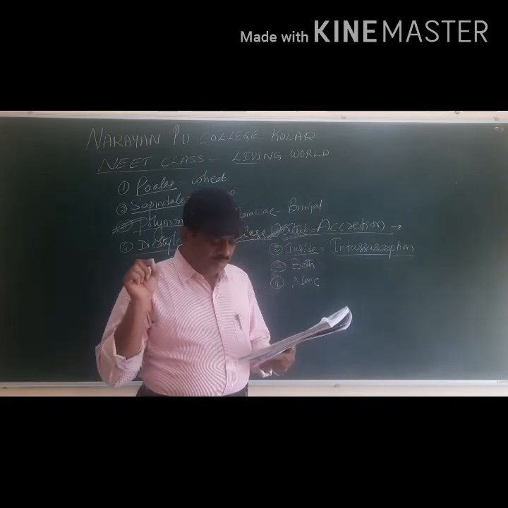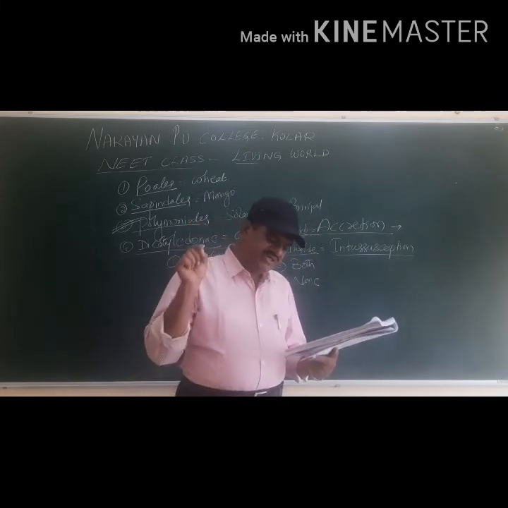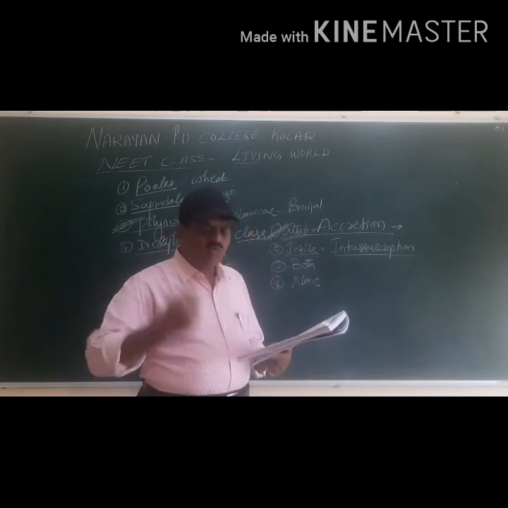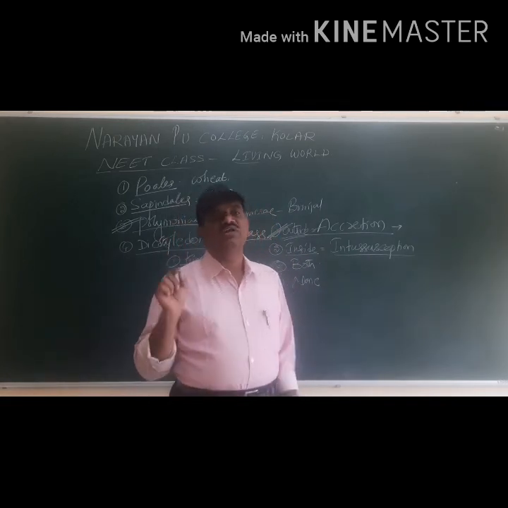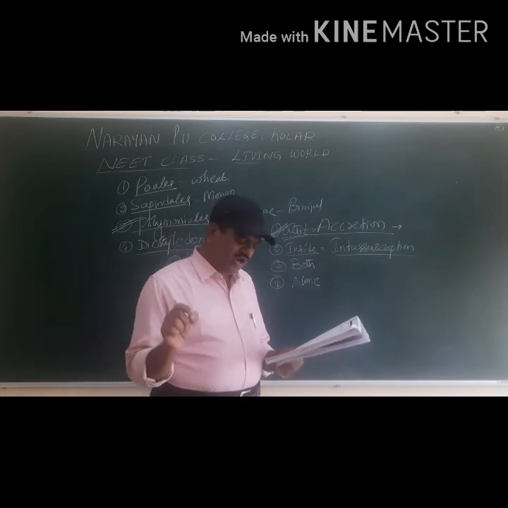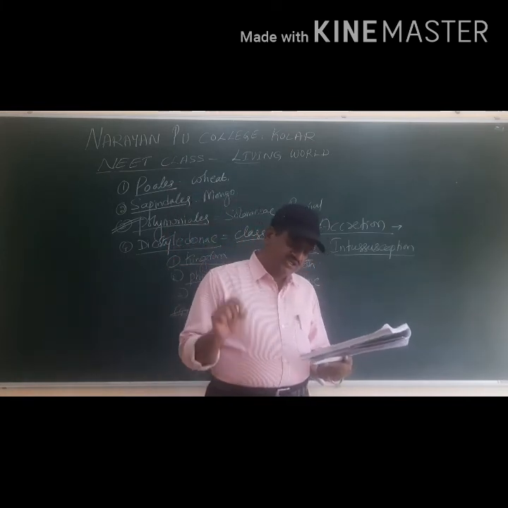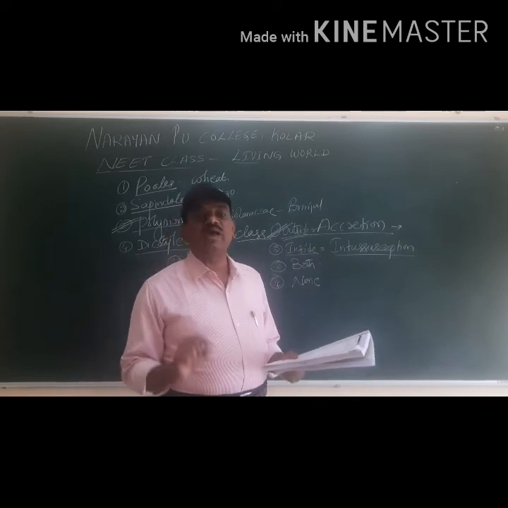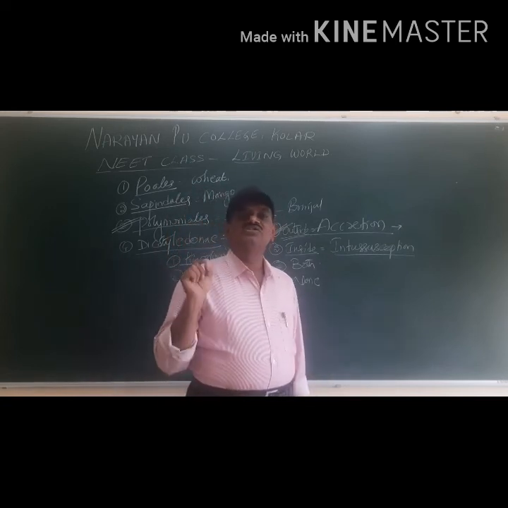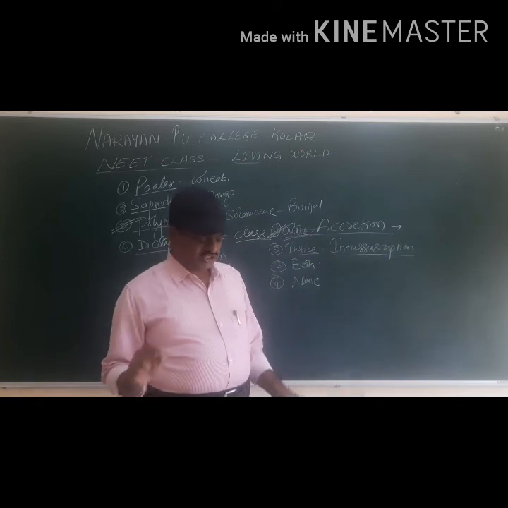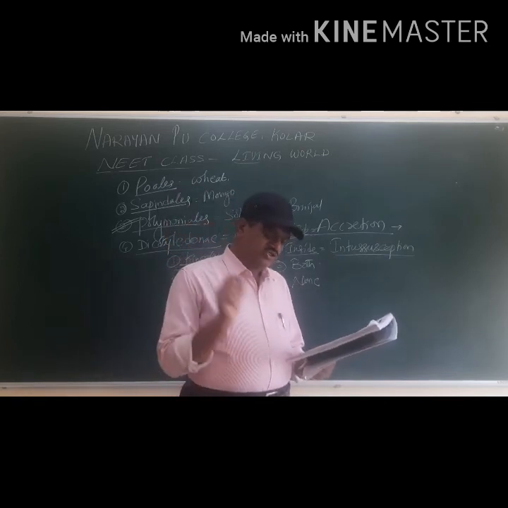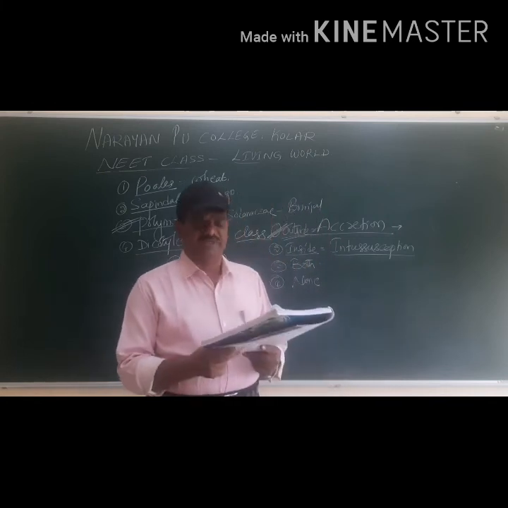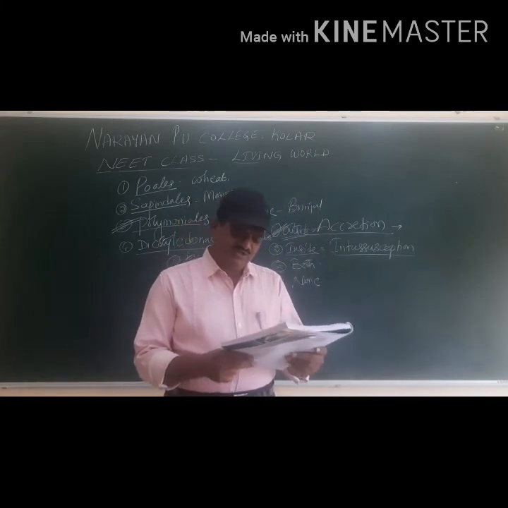Allopatric is related to species occurring in separated, non-overlapping geographical areas. So that's not the answer. So here the answer is sympatric. The first option itself is right. Next.